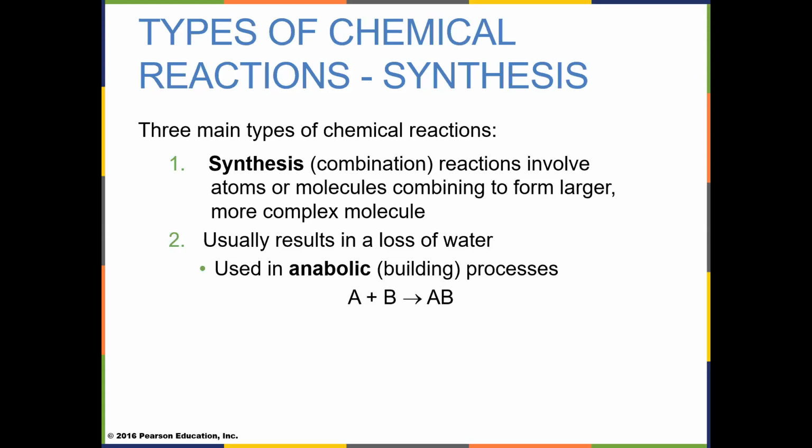Anabolic reactions take little molecules and turn them into big molecules. And it always takes energy to do this. Anabolic reactions require energy. We convert small molecules into big ones.